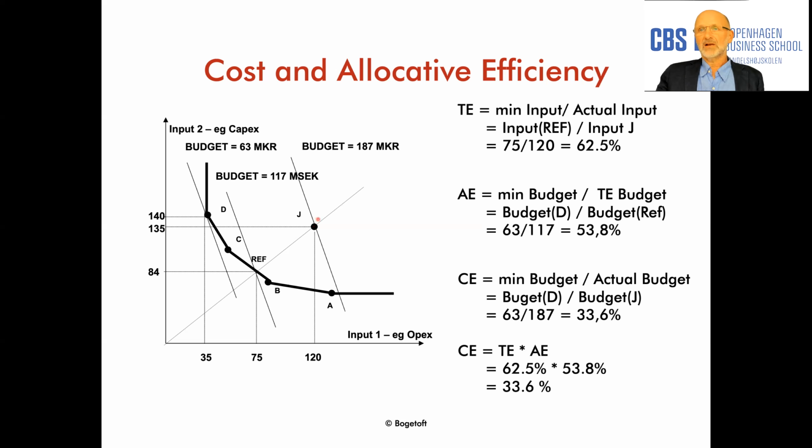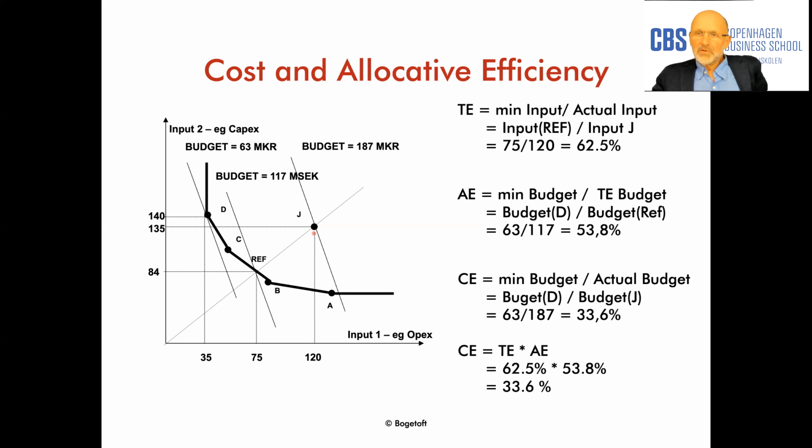So you could also calculate the technical efficiency in this case as the budget needed to produce at the reference point, which is 117,000 Swedish crowns, whatever unit we use, and divided by 187. That's another way to calculate technical efficiency in this case.